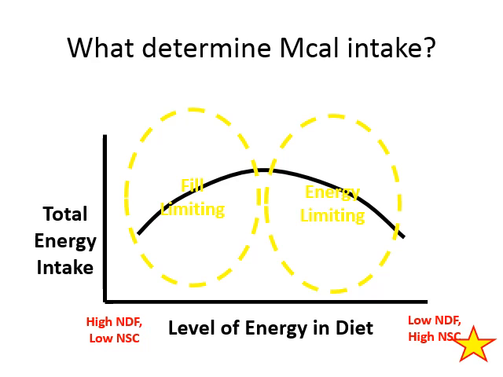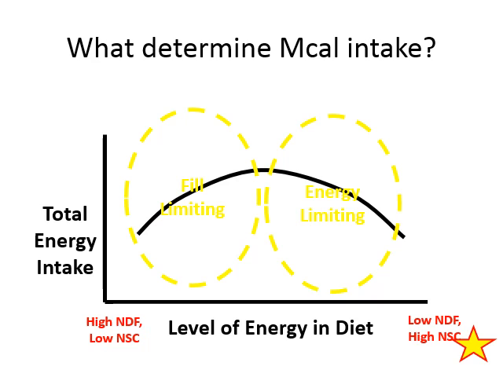Our last slide of the day, we're going to talk about megacalorie intake. So if we look at our axes first, we have the level of energy in the diet. So if we start with a high NDF, low NSC diet, the caloric concentration per pound is going to be a lot lower than if we take the low NDF, high NSC diet.